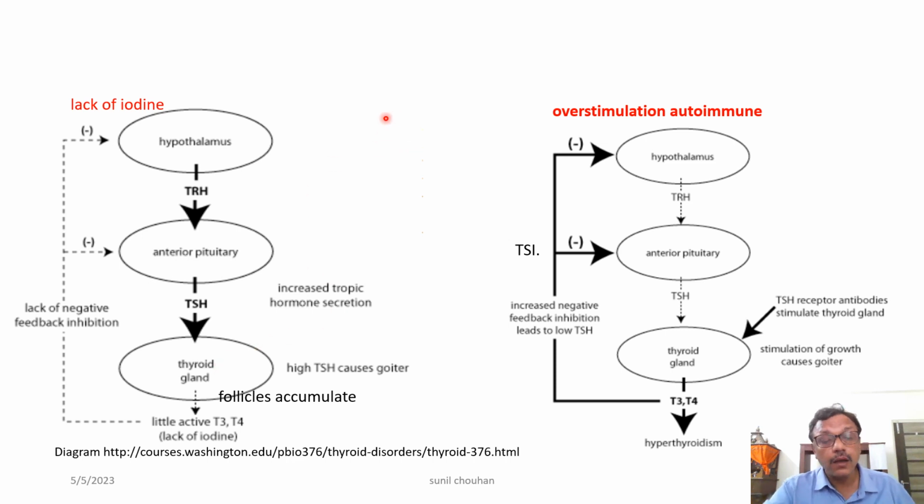Now what will happen if the anterior pituitary is stimulated by some other substance other than thyroid stimulating hormone? We have seen that the hypothalamus normally releases thyrotropin-releasing hormone, then the anterior pituitary releases thyroid stimulating hormone, which stimulates the thyroid gland.